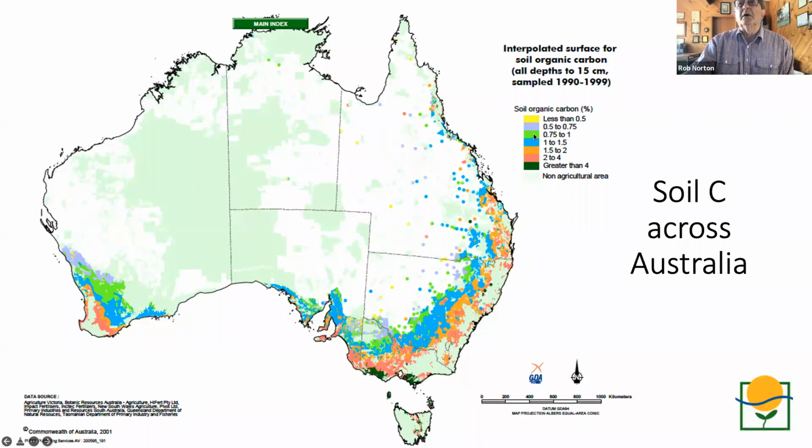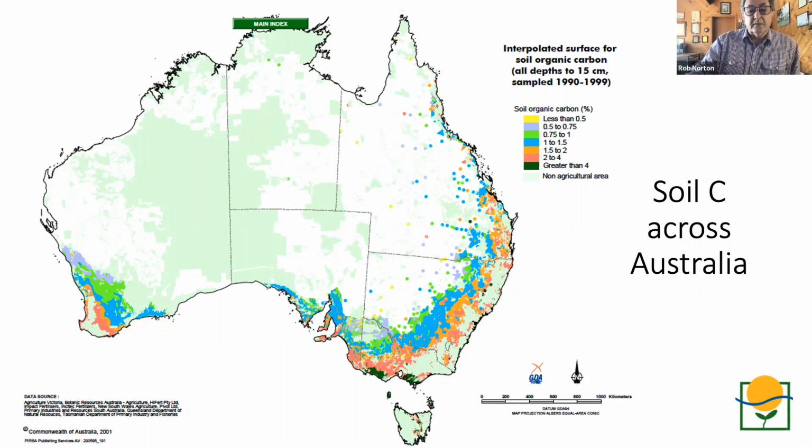So if you set the isohyets to where we are at, 400 mil, most of the places that have got 400 mil rainfall have between 0.1 to 0.75 soil organic carbon. So you get higher rainfall, you get higher soil carbon, and so on until you get down to the very wet places that might have greater than 4% organic carbon. So that carbon is a consequence, firstly, of the environment and the soils, but it also can be managed within the context of those environments.